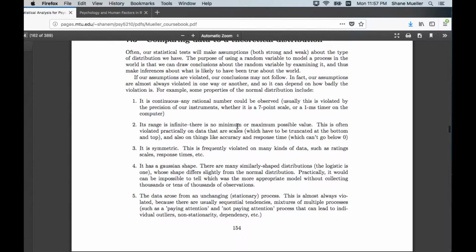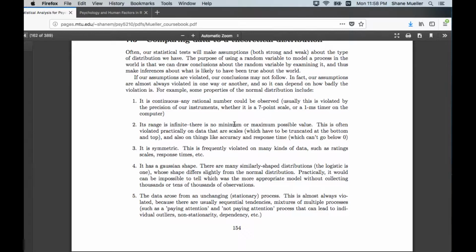Okay, so we talked about the normal distribution before, and some of its properties that people rely on or use, and sometimes ignore, when they model some process are, first of all, it's continuous.